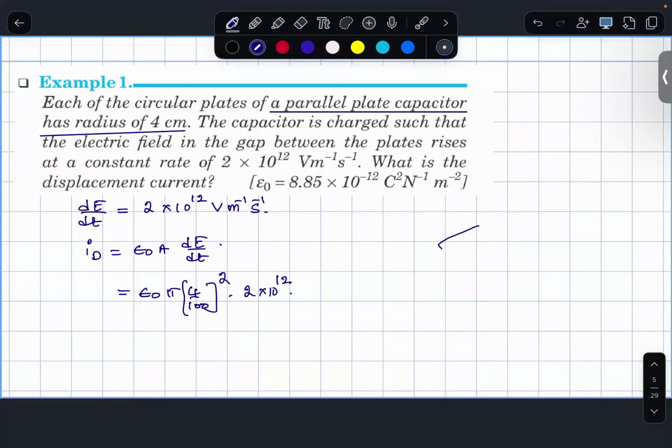Next. Okay, any doubts? I think that's fine.